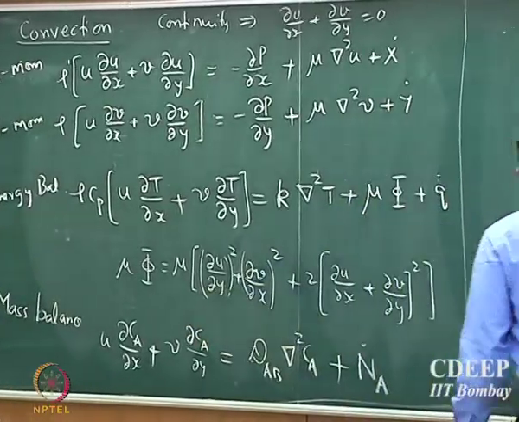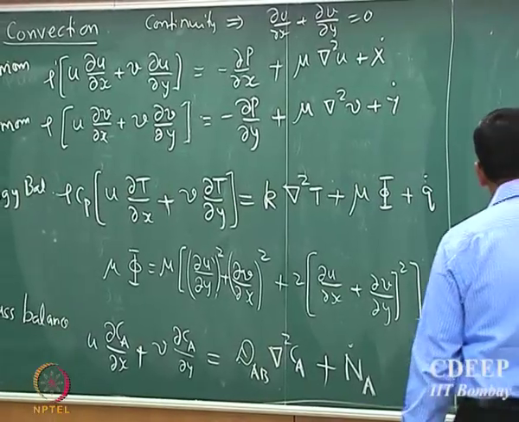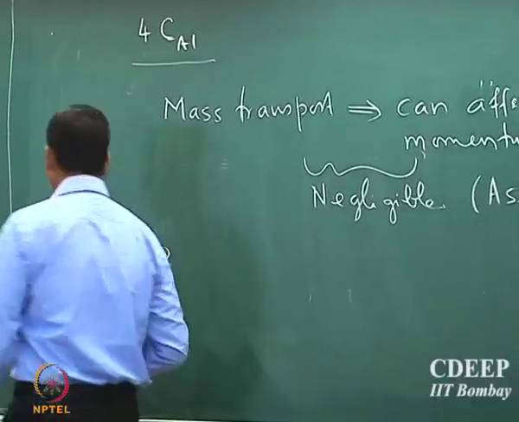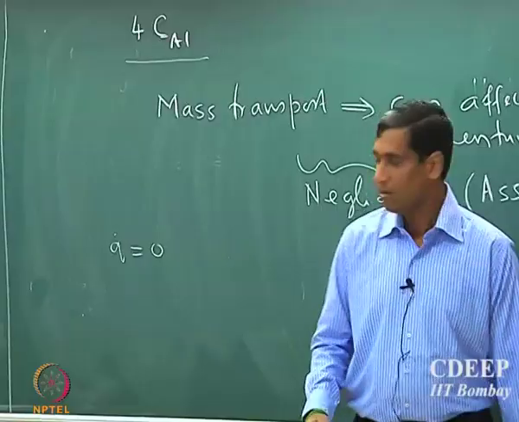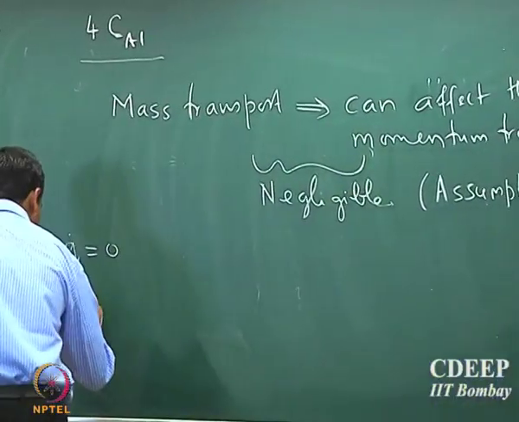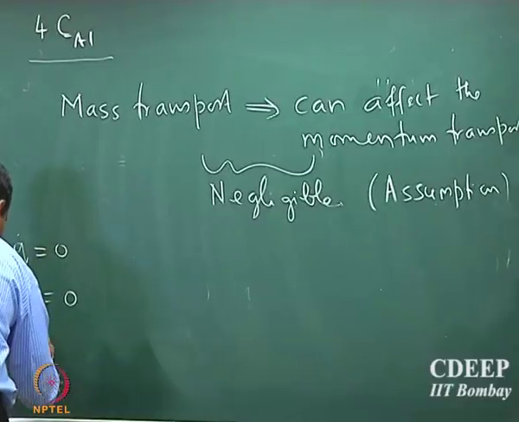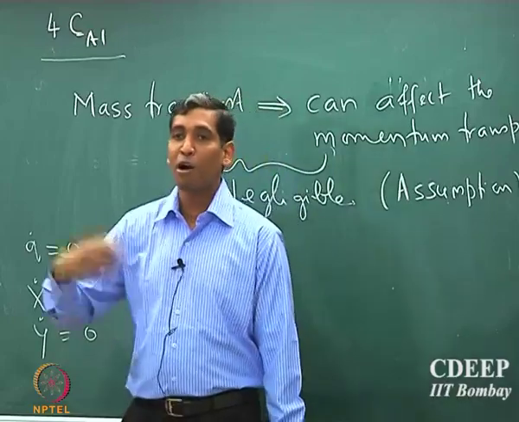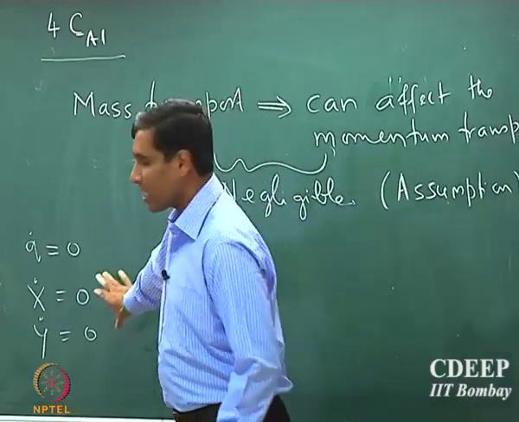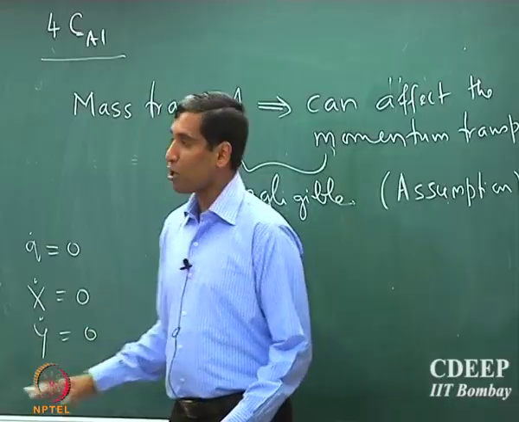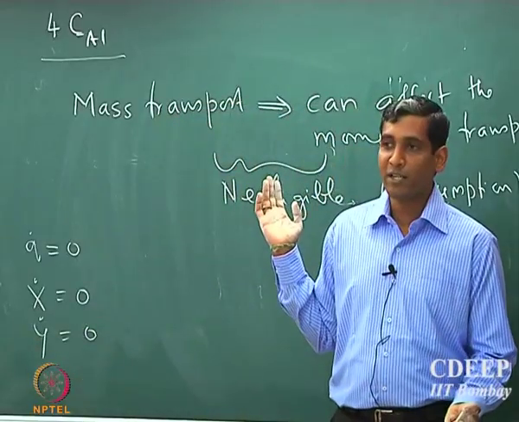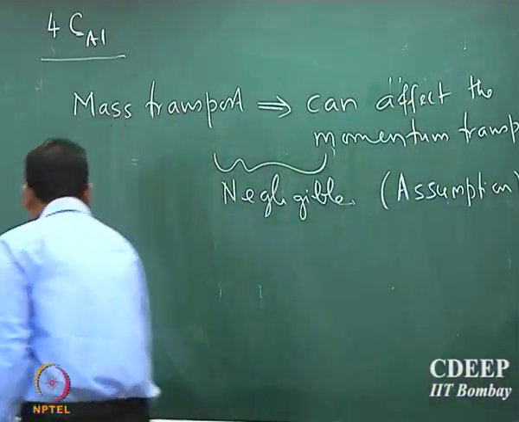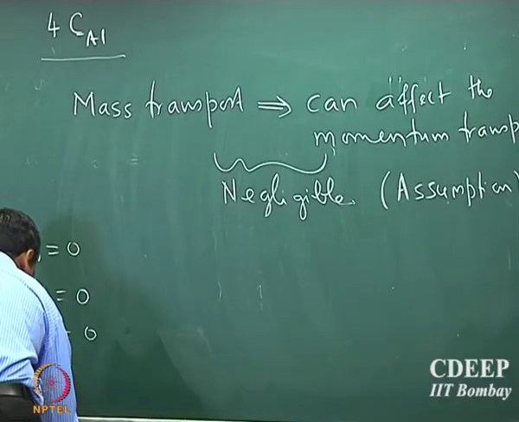Okay. Alright, so to further simplify, we are going to assume that Q dot is 0, that there is no heat generation term, and that the body forces are 0 to start with. We will include body forces when we talk about natural convection, but let us assume for now that it is 0. In order to understand the simultaneous heat, mass and momentum transport, we will make these approximations, and then we will assume that Na dot is also 0.